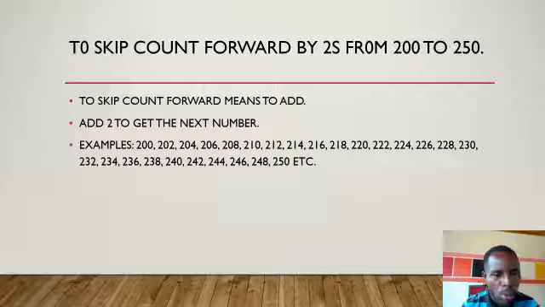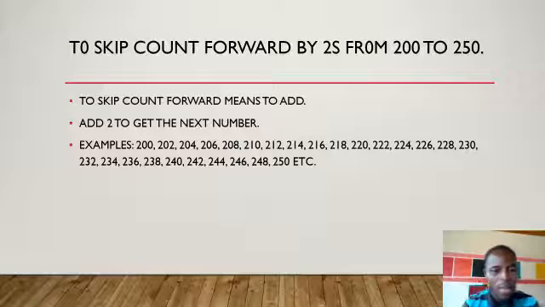Plus 2, 240. 40 plus 2 is what? If you have 40 oranges and you have added 2 to it, is it not 42? So 240 plus 2 gives you 242. Plus 2, 244. Plus 2, 246. Plus 2, 248. Plus 2, 250.